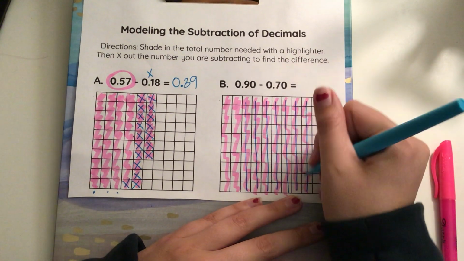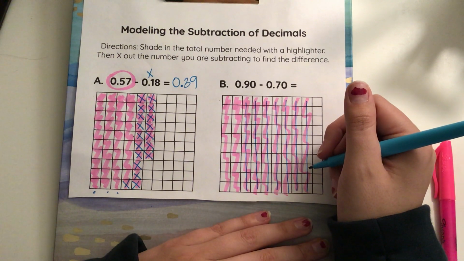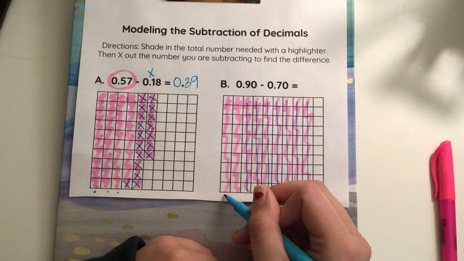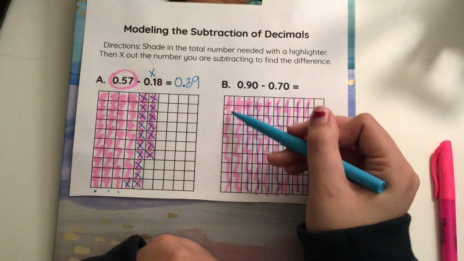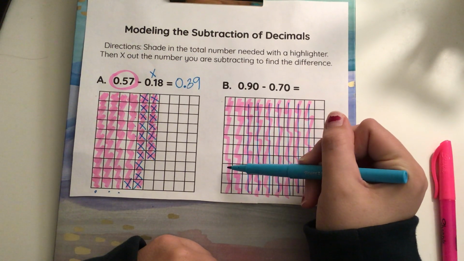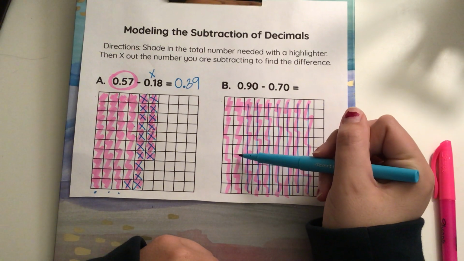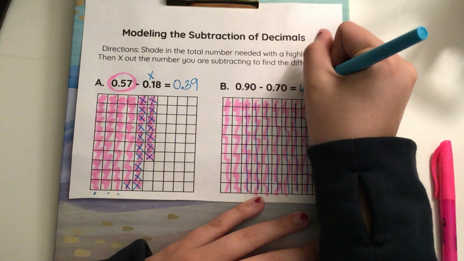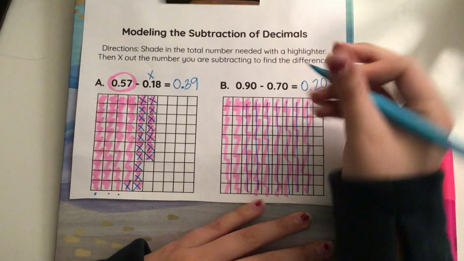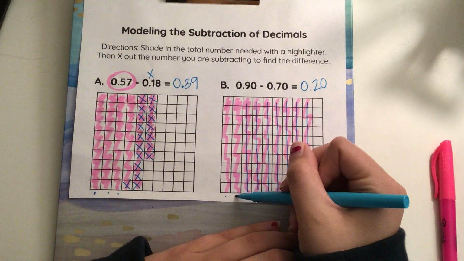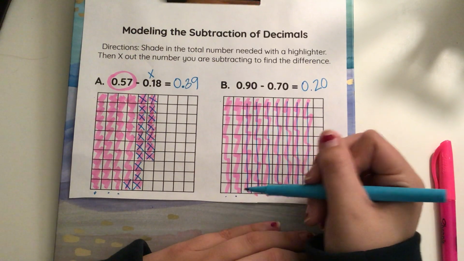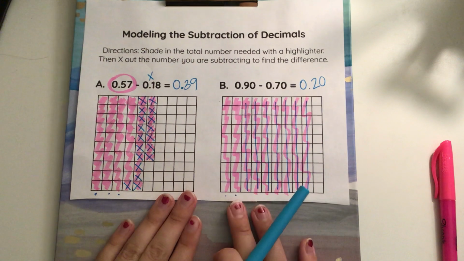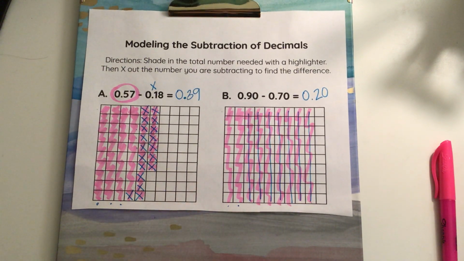Or I could have used big X's too. Okay, so now I'm left with, I can count them out, 1, 2, 3 up to 20. I'm left with 20 hundredths. I could have also just said I have 2 full rows left, and I know that there are 10 hundredths in each of them. Okay, so these are examples of what you're going to be doing on your practice pages.